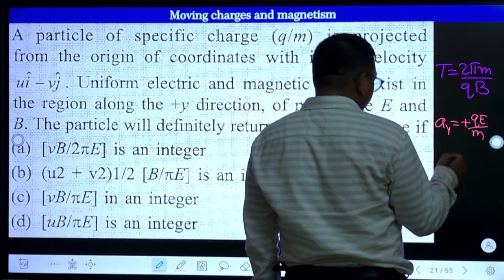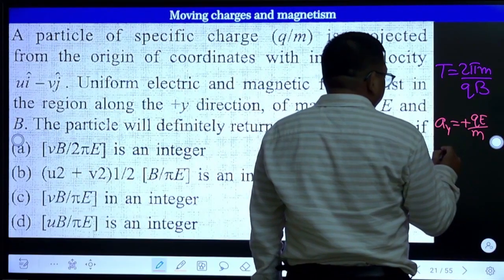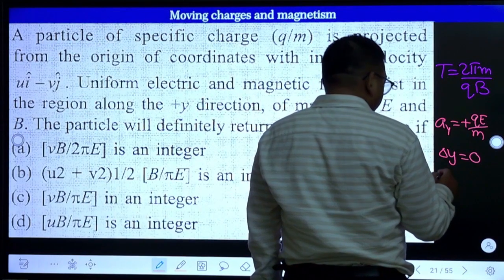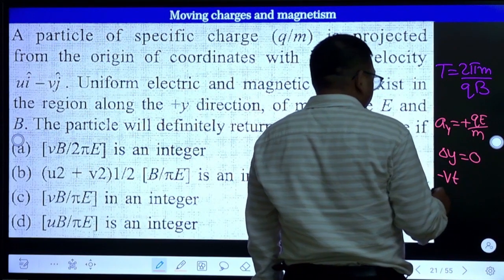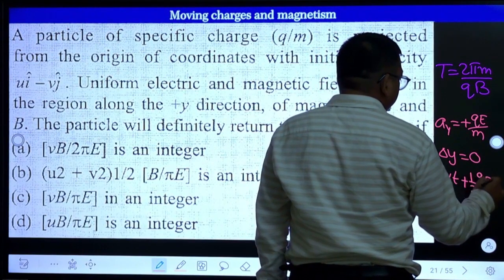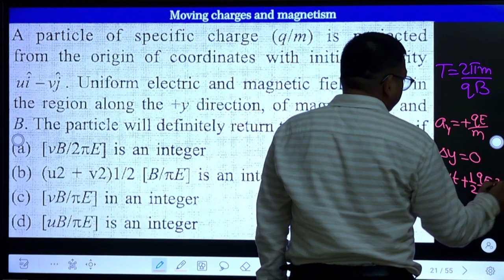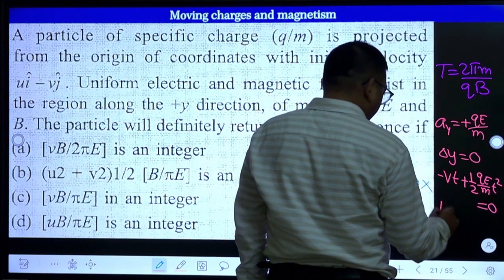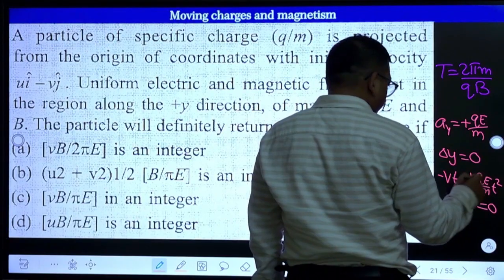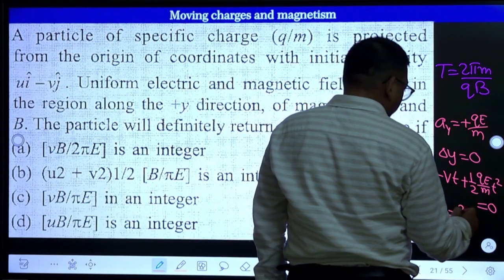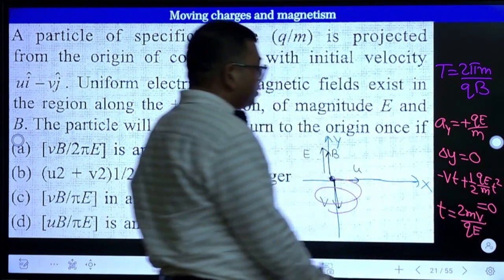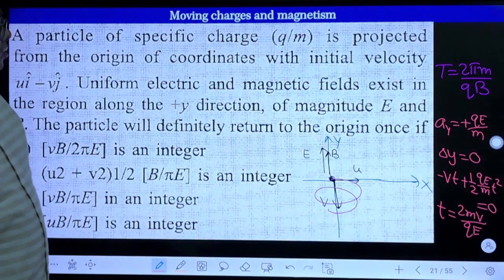The displacement along the y-axis is 0. So minus vt plus half into qE by m into t square has to be 0. From here we can calculate the time: t is 0 or 2mv by qE. This is the time.